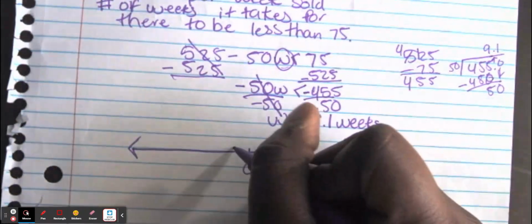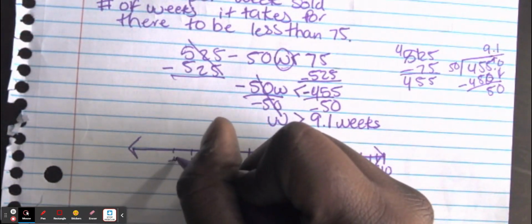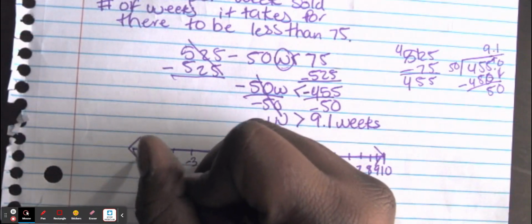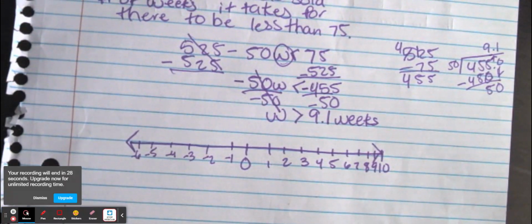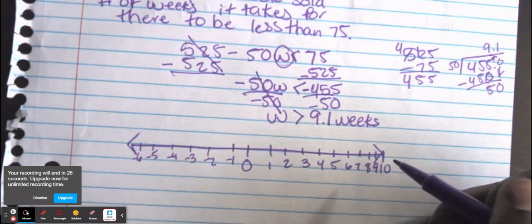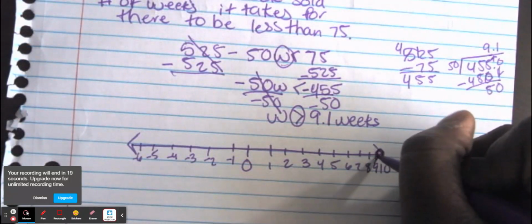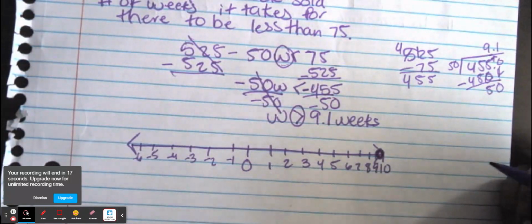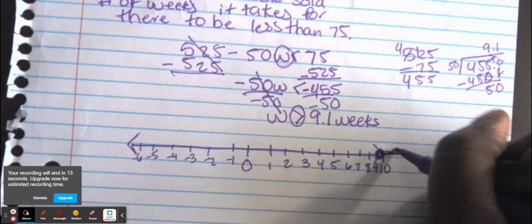So here is negative 1, negative 2, negative 3, negative 4, negative 5, negative 6, and so on. Because I have W is greater than 9.1, there's no equal to, so my circle will be open. And then, of course, it's going to be greater than 9. So here is what my inequality should look like.